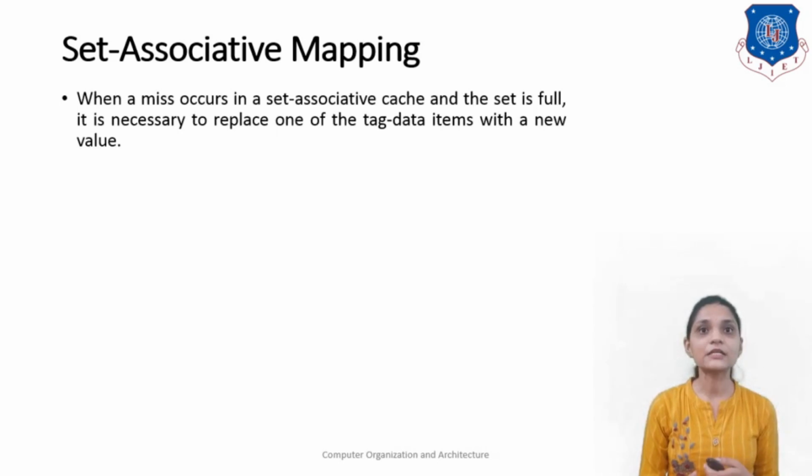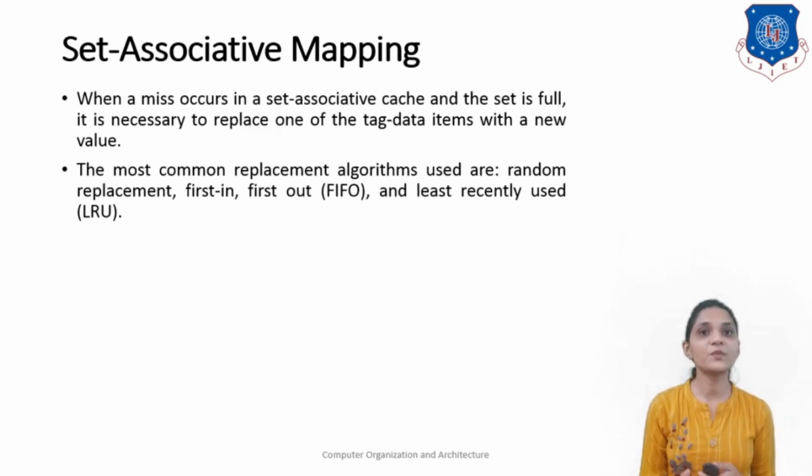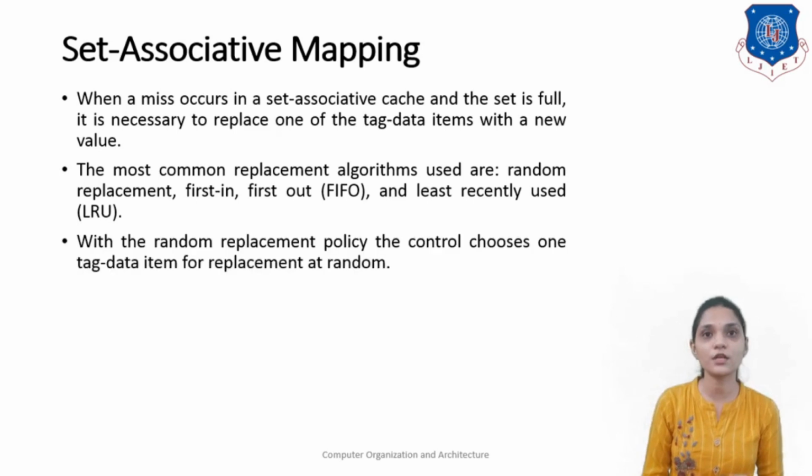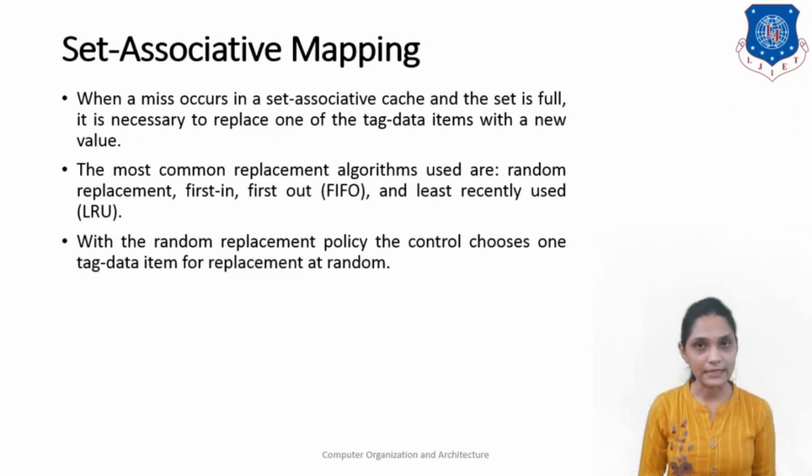When a miss occurs in a set associative cache and the set is full, it is necessary to replace one of the tag data items with a new value. The most common replacement algorithms used are random replacement, first in first out, or least recently used. You can use any of these algorithms. With the random replacement policy, the control chooses one tag data item for replacement at random.